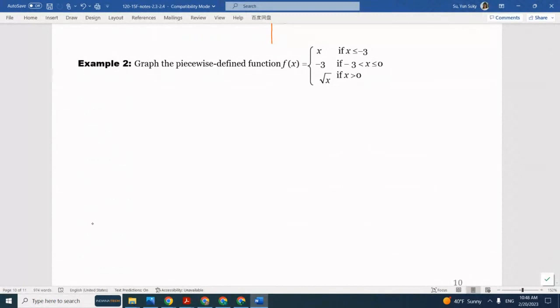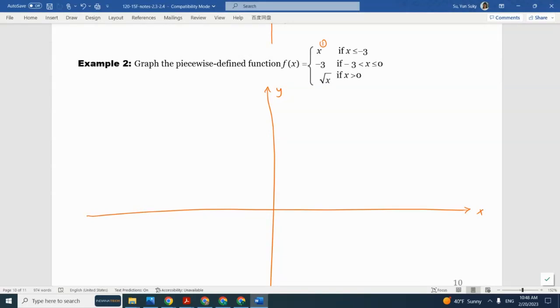Now let's see. We have the x-axis, and then we have the y-axis. Here we have 3 pieces. The first piece, x less than or equal to -3. Where's -3?